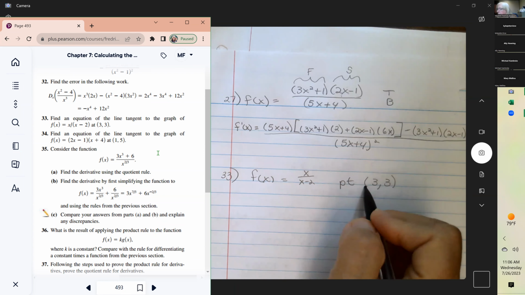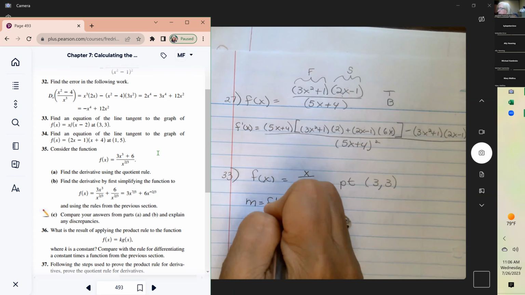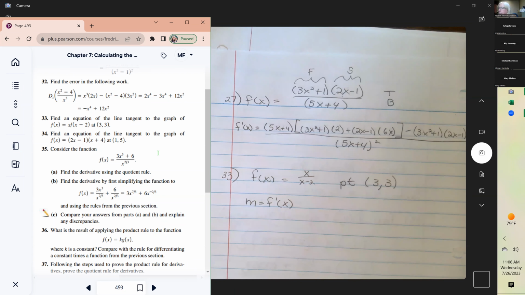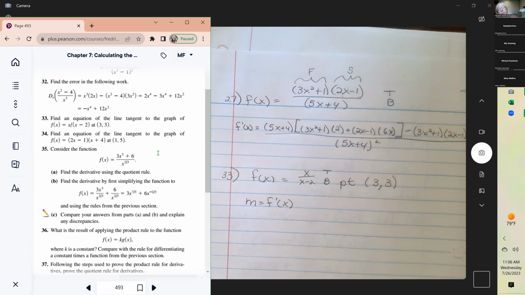So we have the point. Remember, the slope is your derivative. This is a quotient, so we need to use our quotient rule. Go ahead and take the derivative.